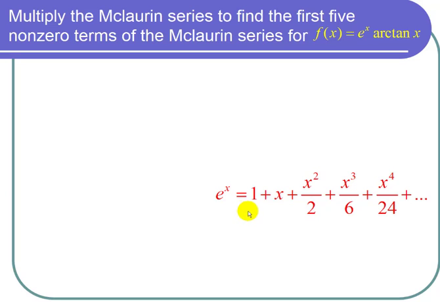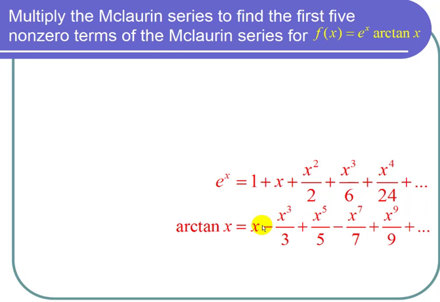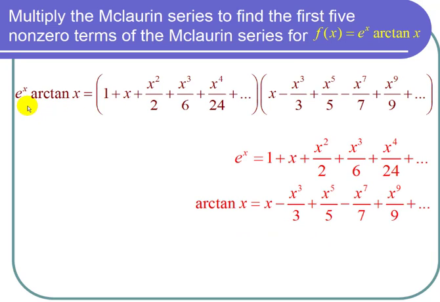For e to the x, it's 1 plus x plus x squared over 2 plus x cubed over 6 plus x to the 4th over 24 plus ... And for the arctangent of x, it's x minus x cubed over 3 plus x to the 5th over 5 minus x to the 7th over 7 plus x to the 9th over 9 plus ... And the Maclaurin series for e to the x arctangent of x is the Maclaurin series for e to the x times the Maclaurin series for the arctangent of x.